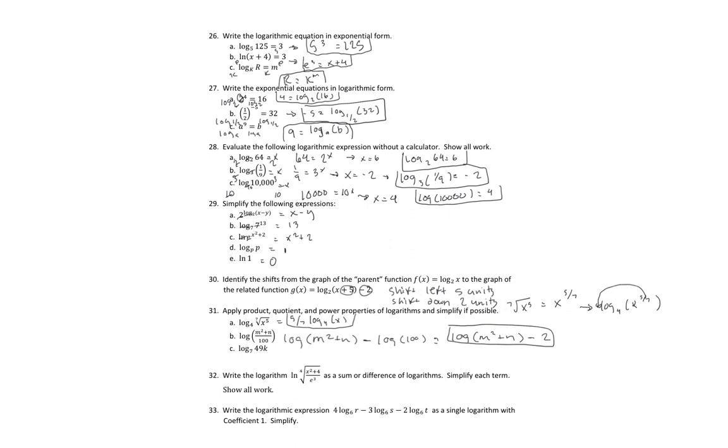In a similar way that we did in part B, these are being multiplied, so we're going to have log base 7 of 49 plus log base 7 of k. And this log base 7 of 49 actually simplifies further too, and so we're left with 2 plus log base 7 of k.